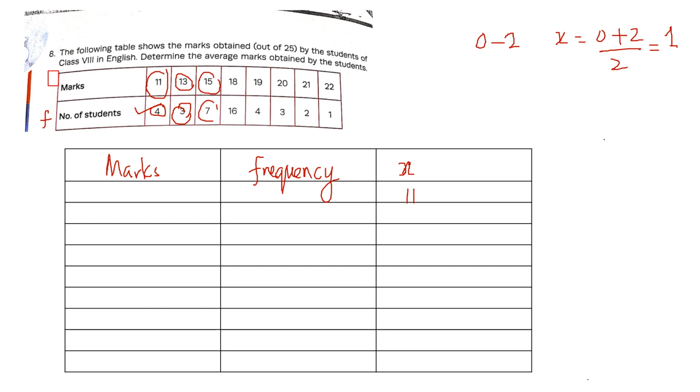So I will complete the table as it was given in the question. I don't need to write the class interval column here. I will write in front of marks that it is x. So I will complete the table: 11, 13, 15, 18, 19, 20, 21, 22.